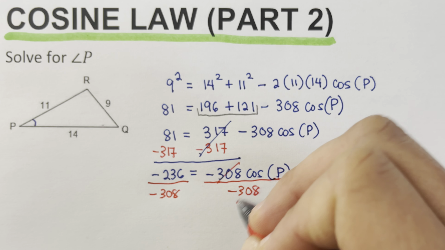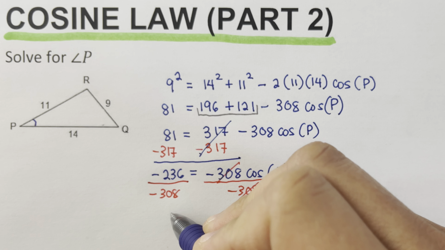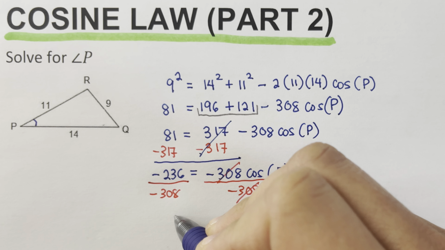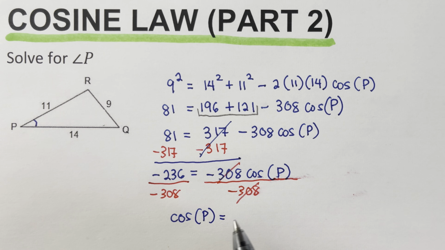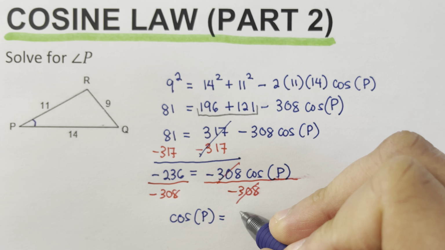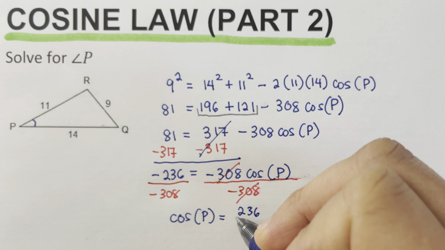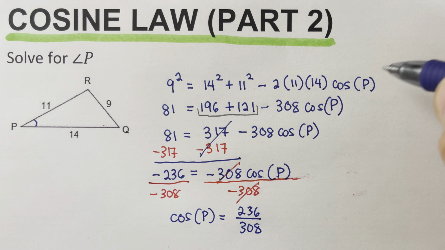We can cross the 308 out. So we are left with cosine of P is equal to, a negative over a negative is a positive, 236 over 308.